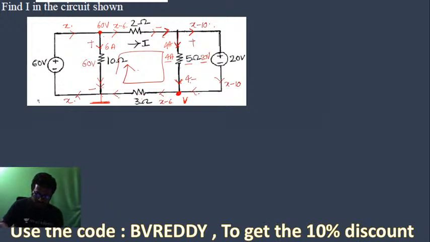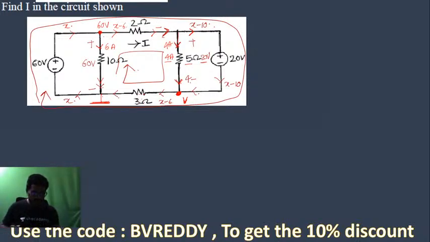Now what I am doing is simply let's try to apply KVL to this outer loop. KVL to this outer loop now here. Tell me the KVL to the outer loop. If we apply this, what will we get? 2 into X minus 6 plus 20 plus 3 into X minus 6 minus 60 equal to 0.